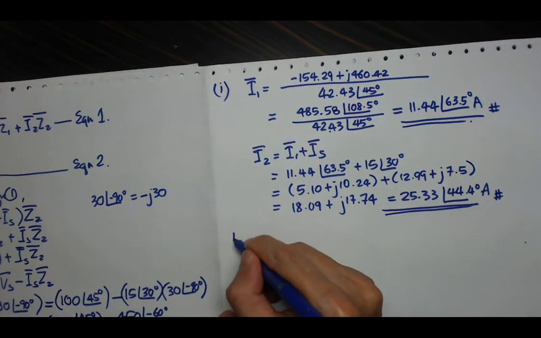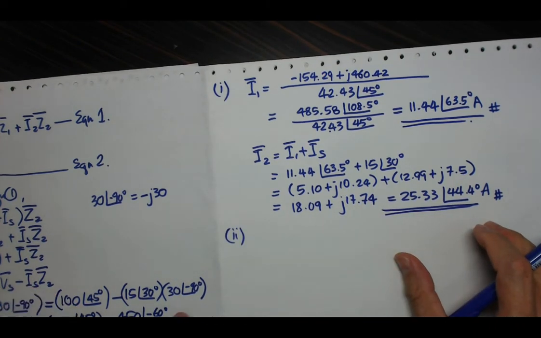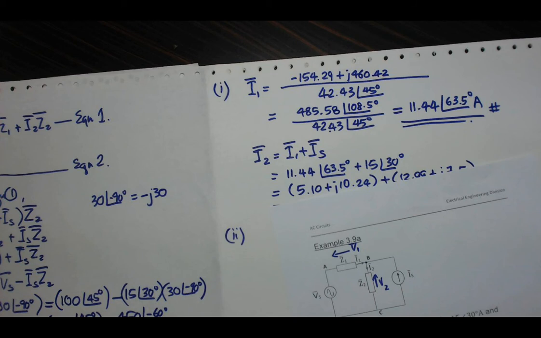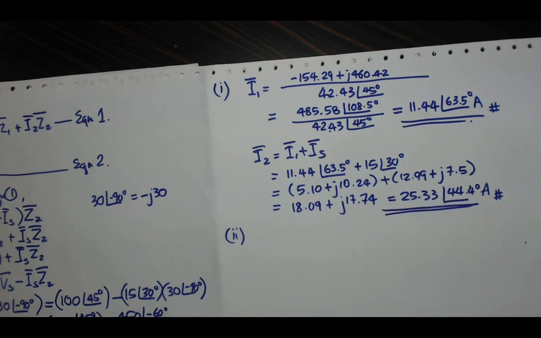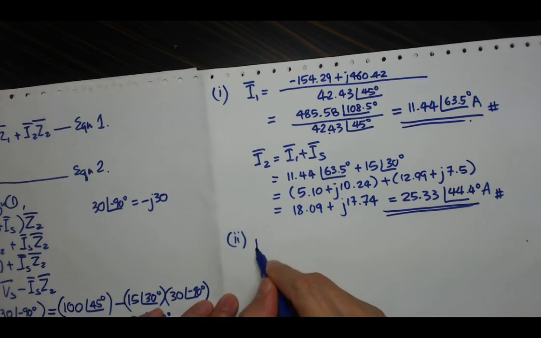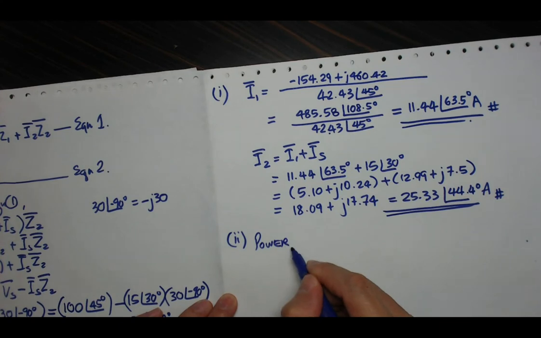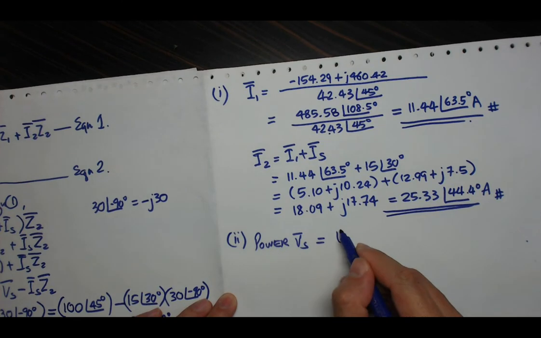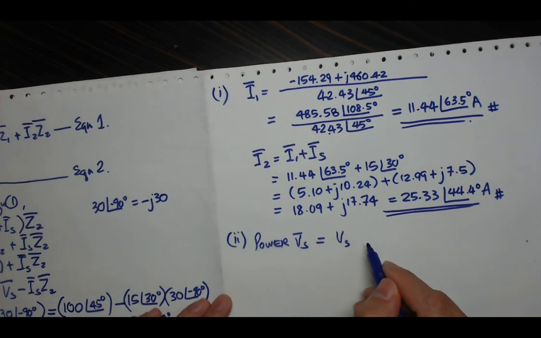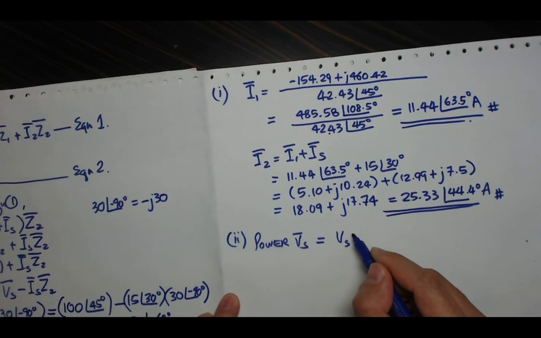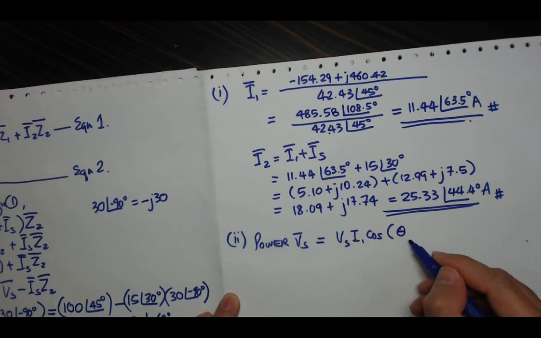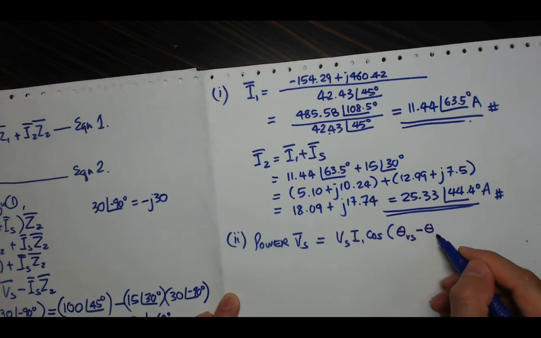Now part 2 wants me to calculate what is the power contributed by Vs. So to calculate power, I need to fall back on the formula. Power by Vs is the voltage Vs times the current that is coming out of Vs, which is I1, cosine of the angle of Vs minus the angle of I1.